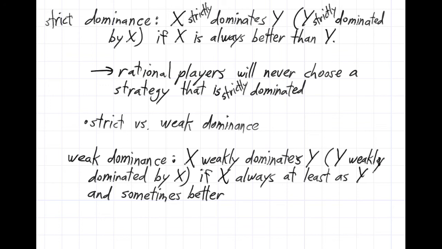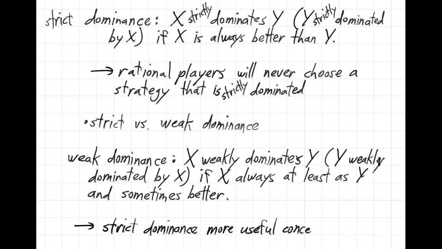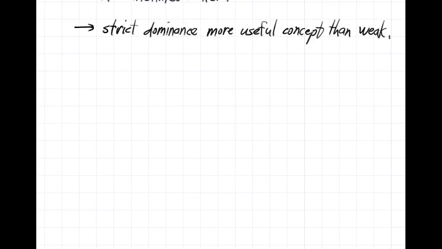If it was always better, then we'd be back to the definition of strict dominance. Between these two definitions, we will find that strict dominance is a more useful concept than weak dominance.